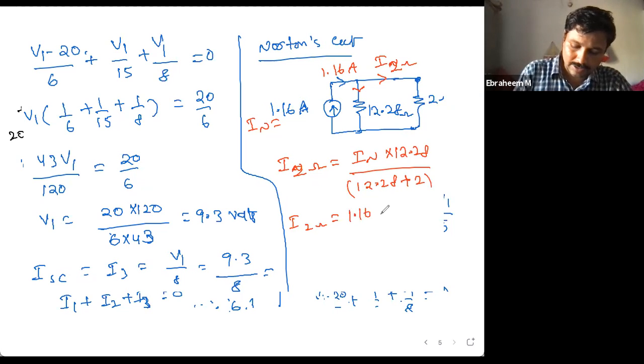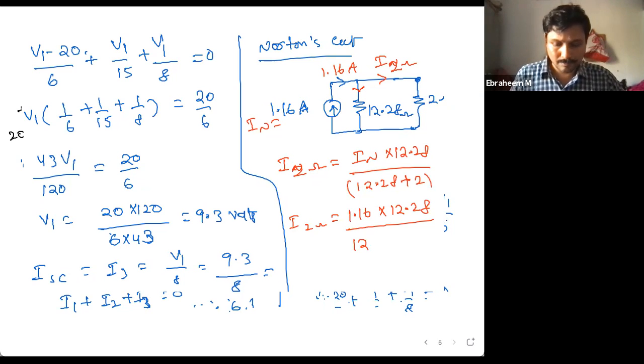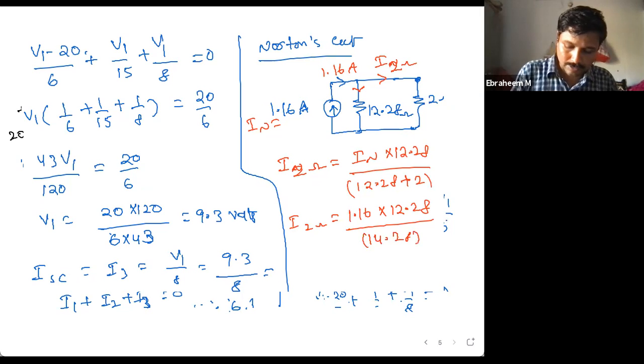So 1.16 into 12.28 divided by 14.28. Wait, I think we must get 1 ampere here. Got it? 1 ampere.